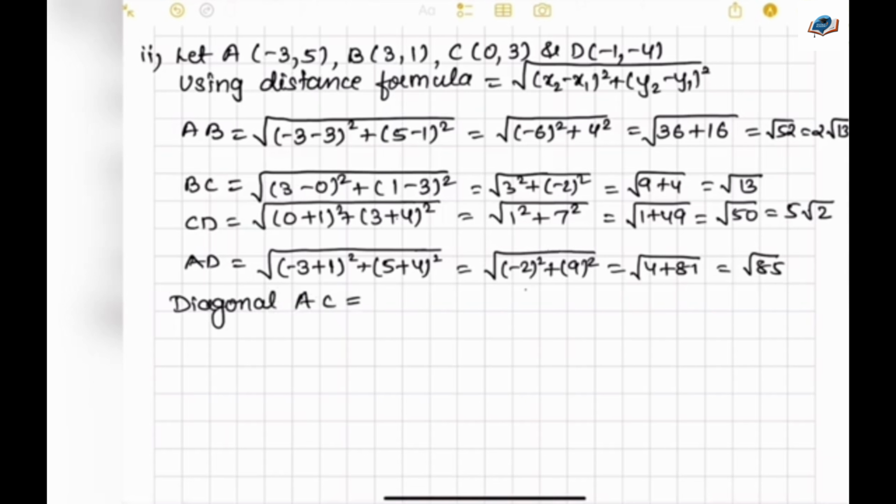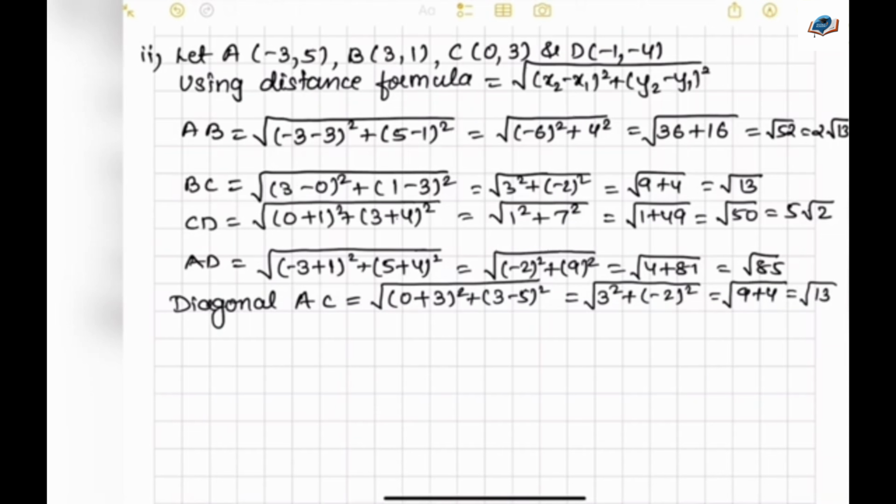Diagonal AC equal to root of (0 minus of minus 3), so plus 3 whole square, plus (3 minus 5) whole square. So that is 3 square plus (-2) whole square. So 9 plus 4, root 13.